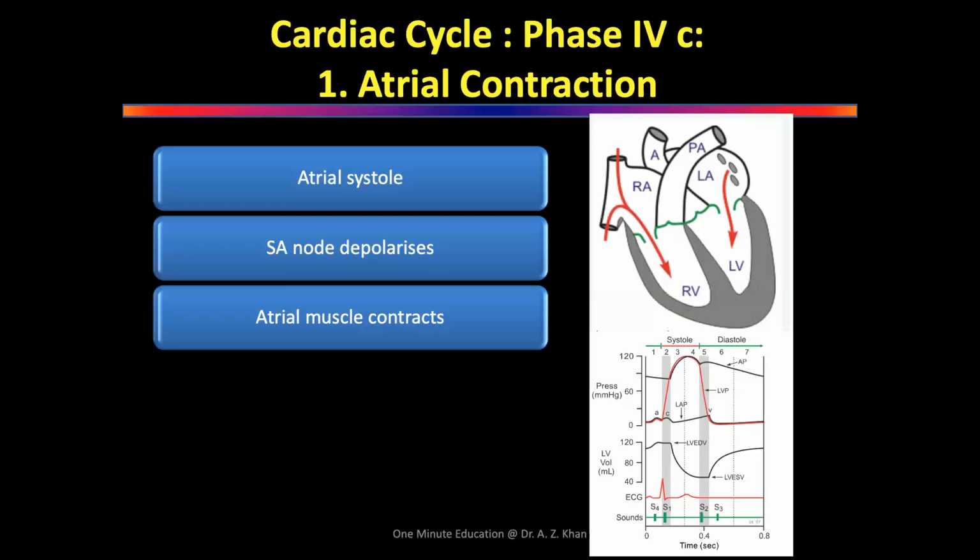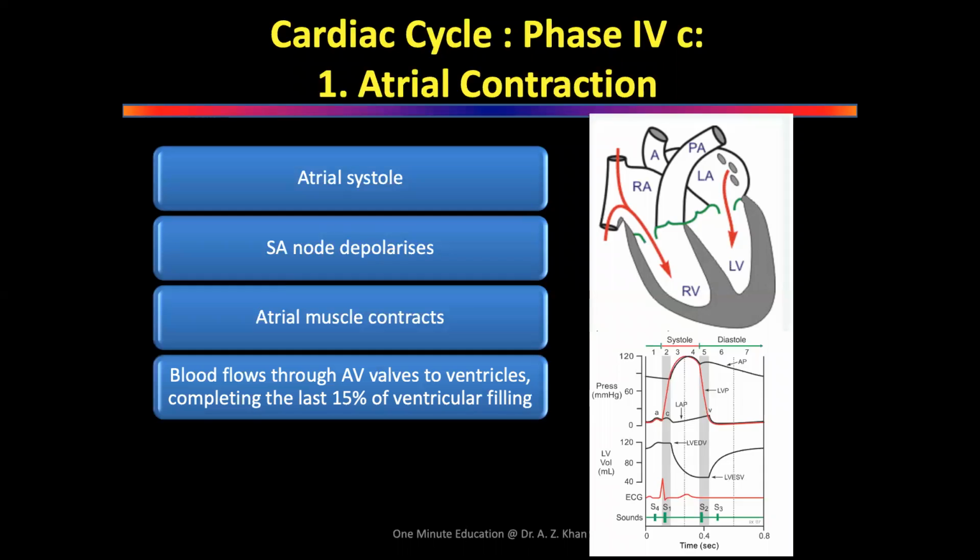Blood flows from the atrium to the ventricles. Atrial contraction contributes how much percentage to the ventricle? 30%, you said? Your voice is breaking. I said 30. It's actually 15% of the ventricular filling.